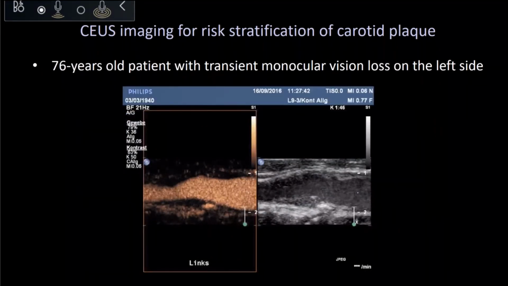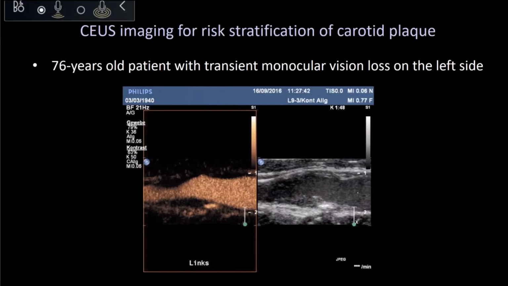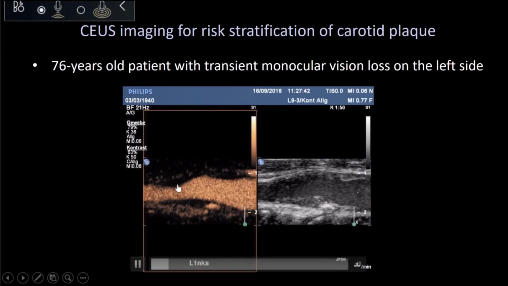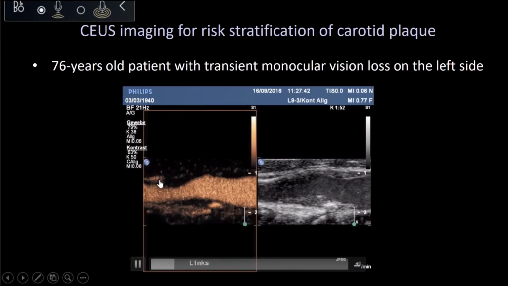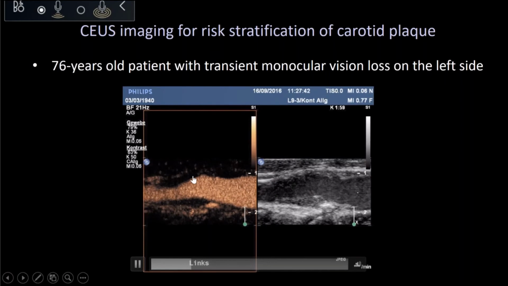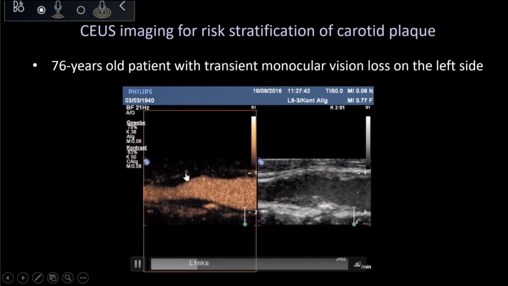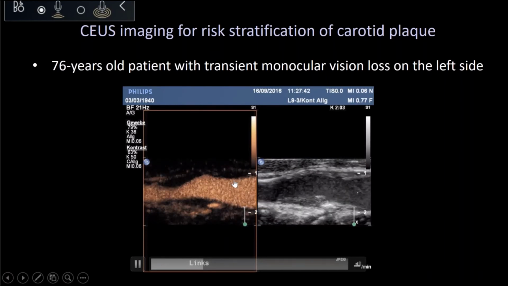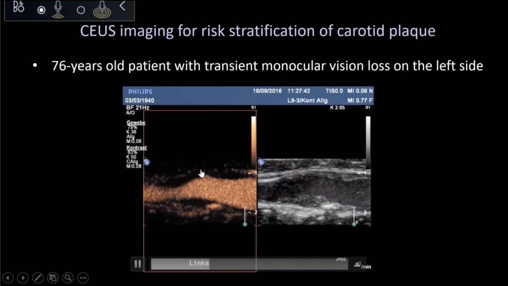And if you look by contrast-enhanced ultrasound, you see in this patient that you have some vascularization at this part of the plaque. You see this here and here, coming from the vasa vasorum of the vessel wall on this side.